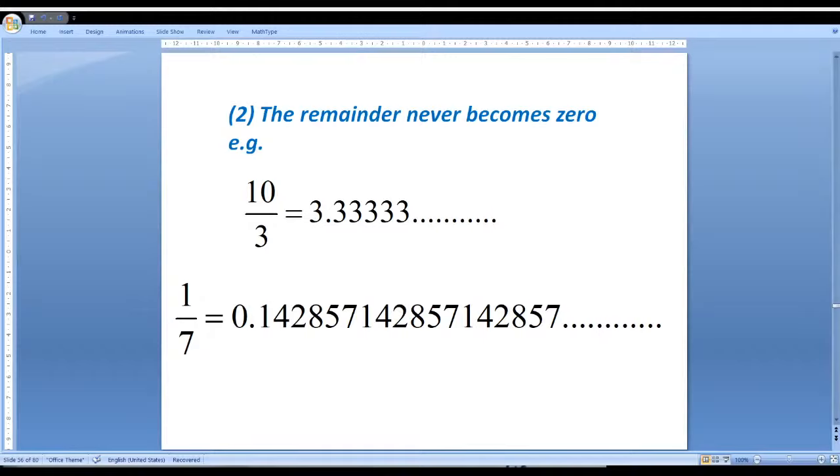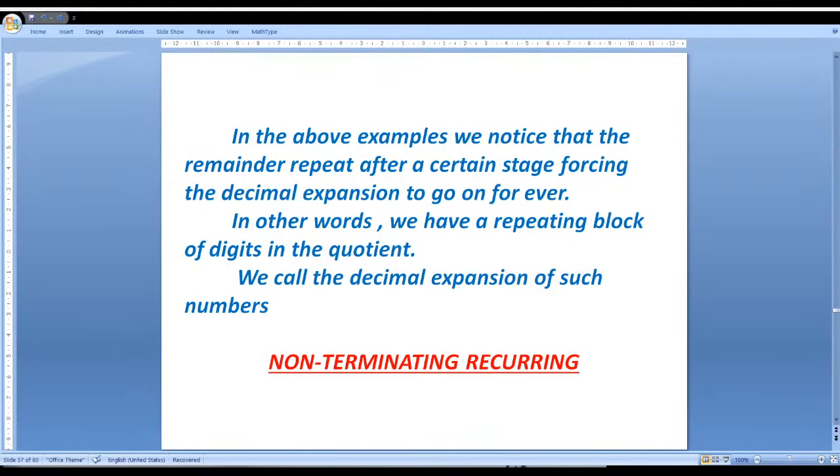For 1 by 7, 0.142857, then it repeats. Again this block is repeating.